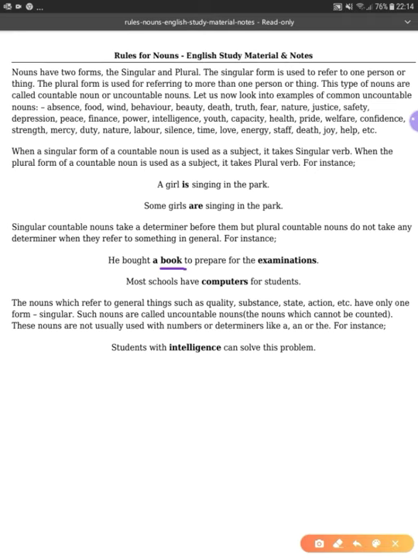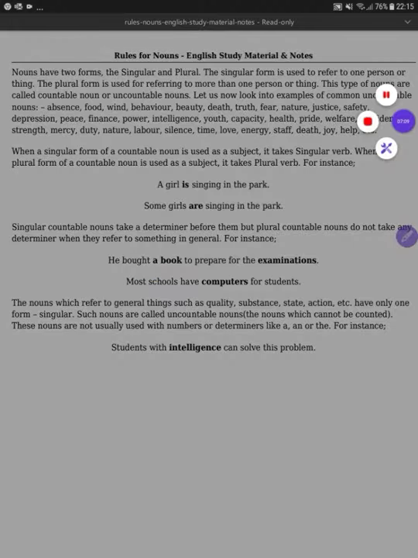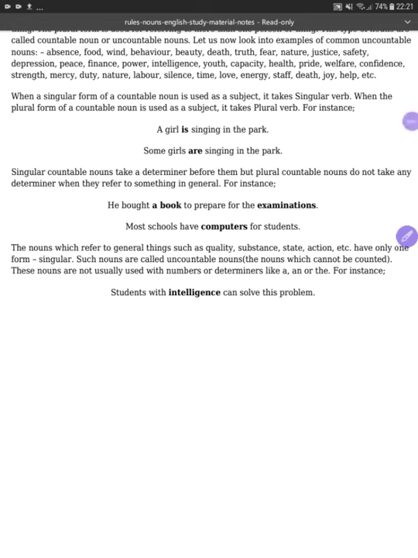And then it is said that before them a determiner is placed. So can you find the determiner, where the determiner is placed? Yes, a is the determiner here. Since we know that a is an article also, but here a book is a complete determiner. Now the next example which we are going to discuss is, most schools have computers for students.